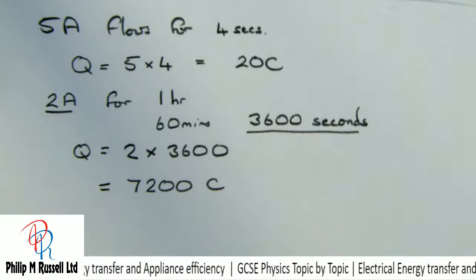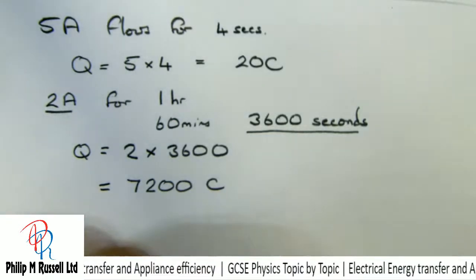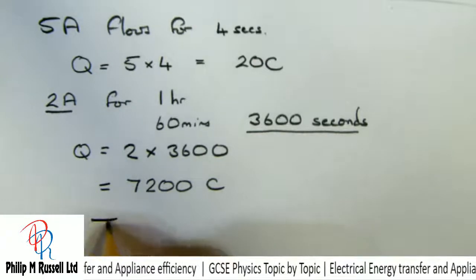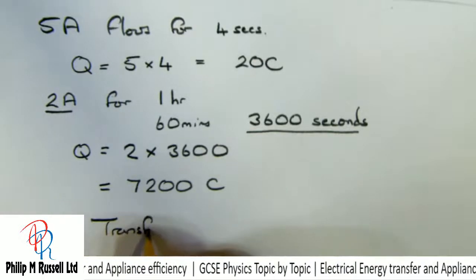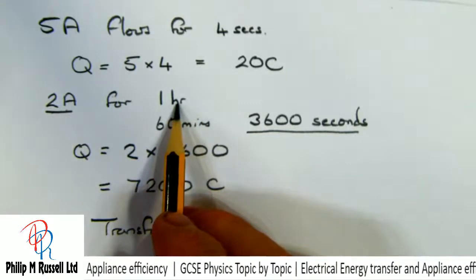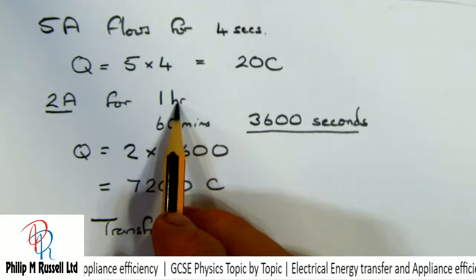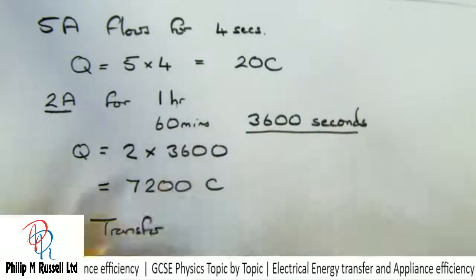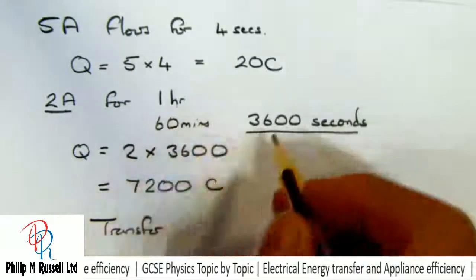If I want to try and work out what the energy transfer for that might be, let's suppose then I've got 2 amps running for 1 hour, and let's give ourselves a voltage of 6 volts.